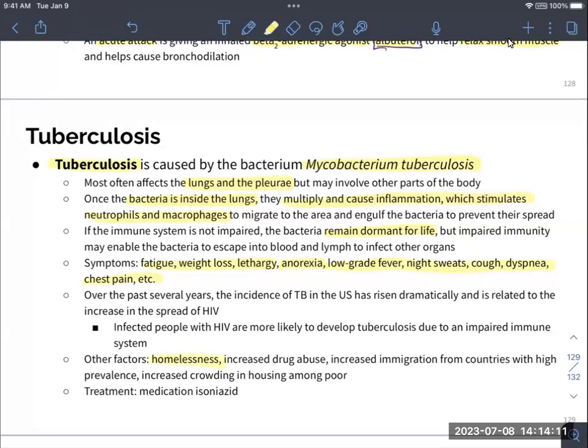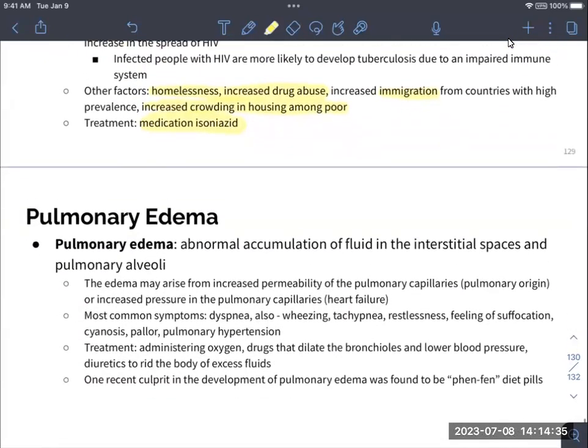Homelessness, drug abuse, immigration. There are countries that have very high prevalence of tuberculosis, and then they come to this country not knowing that they may have it. Crowding and housing. There's medication that is used to treat tuberculosis.